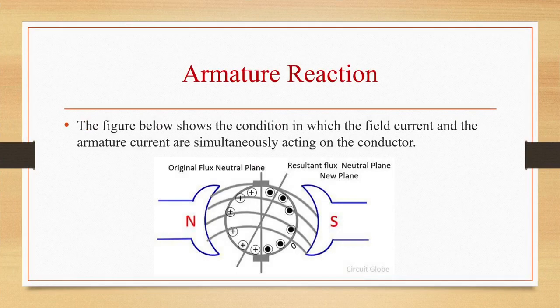The figure below shows the condition in which field current and armature current are simultaneously acting on the conductor. So what I said, this is the original flux neutral plane, the original position. What is happening? It is getting distorted. It is moving here to the right side. This is the resultant flux neutral plane, the new plane now.